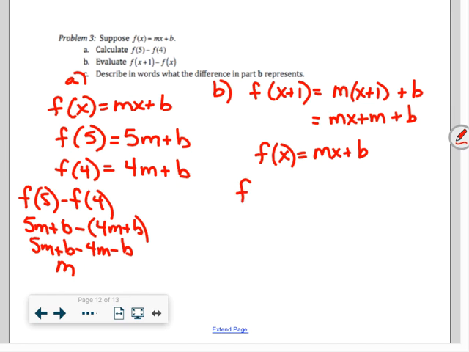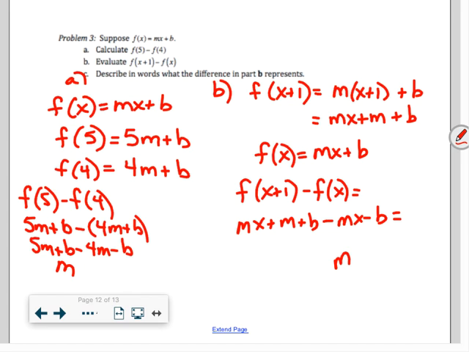So very carefully subtract. I'm going to do mx plus m plus b, and I'm going to be proactive and subtract the mx and the b. What happens?